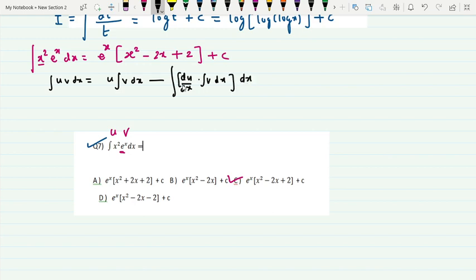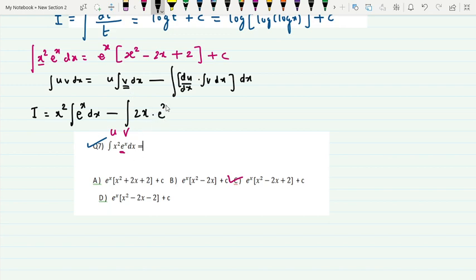Yes. So we integrate it by parts. So our integral I is equal to what? u as it is, meaning x square as it is, integration of v, integration of e raised to power x is e raised to power x, minus derivative of u, that is 2x, integration of v, which is e raised to power x.